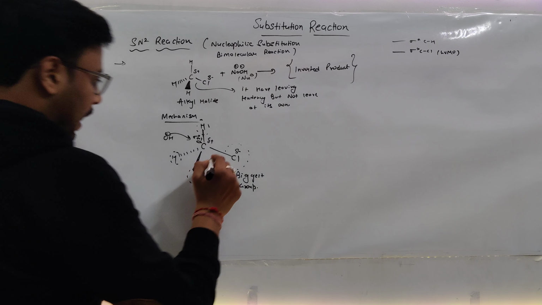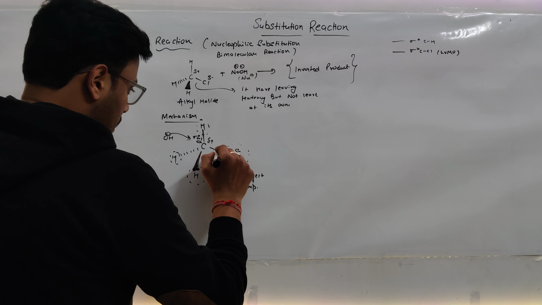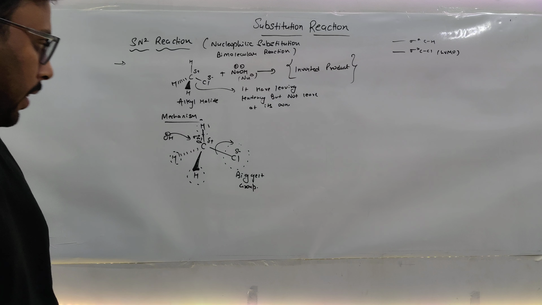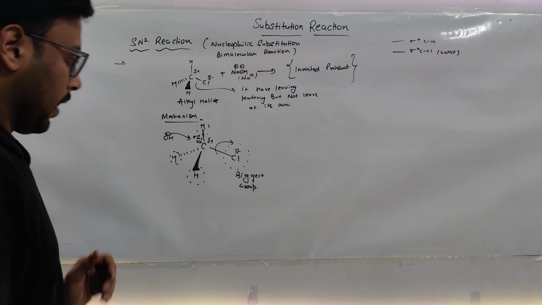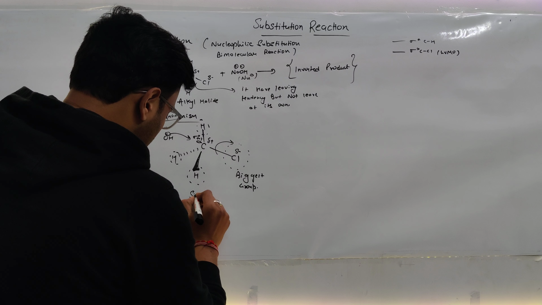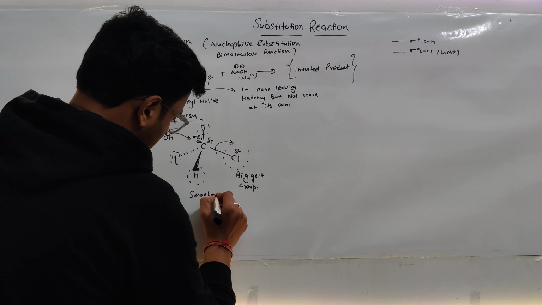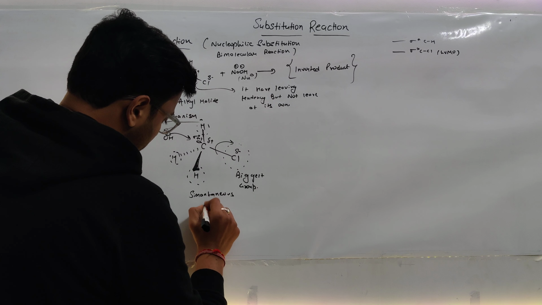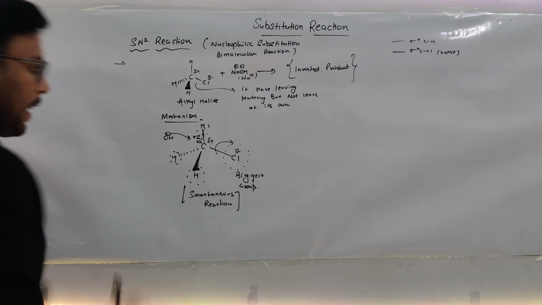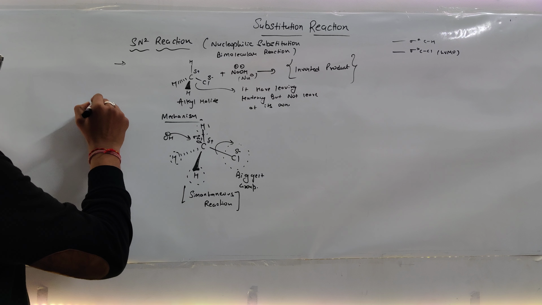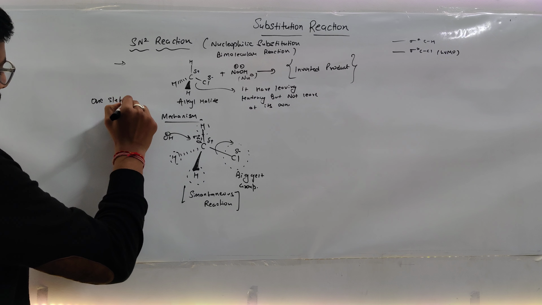When it approaches, the Cl leaves, and there is a simultaneous attack. All things take place in one step. This is our simultaneous reaction, and we also call it a one step reaction.